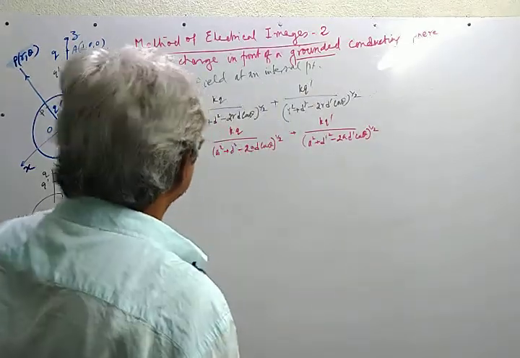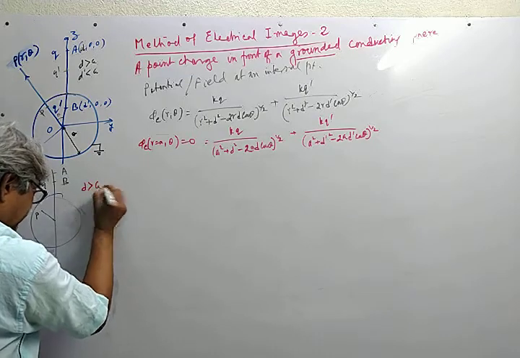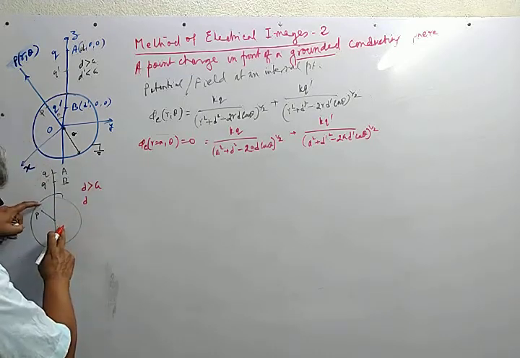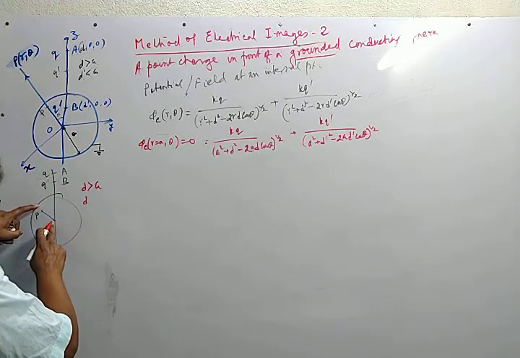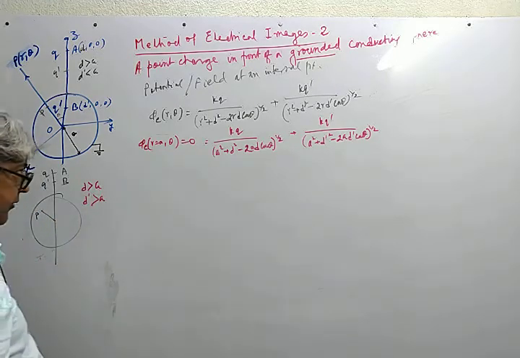As per our assumption, the point charge is such that d is greater than a, and we are considering the field for which r is less than or equal to a, so d prime is again greater than a.